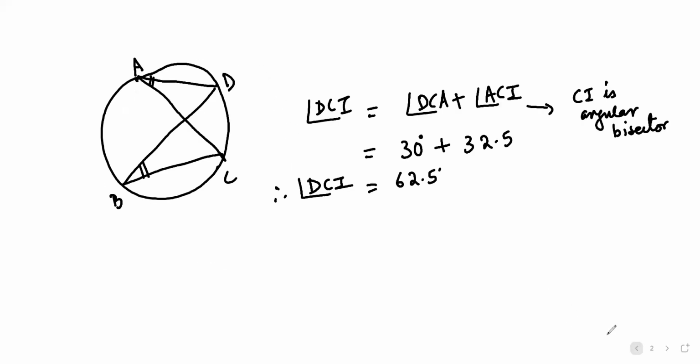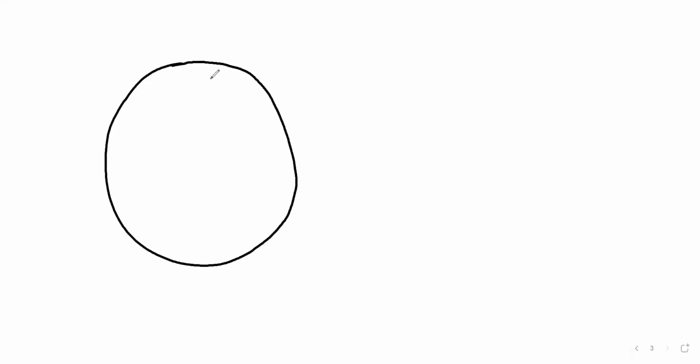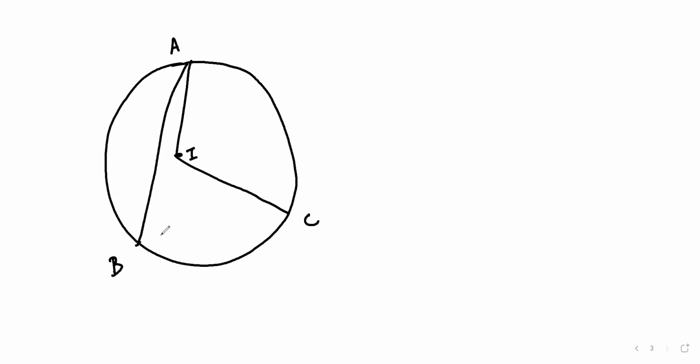I'll just redraw the figure again. So you have AIC. I'll just draw those things here. So A, and somewhere down the line you get your I, and then you have C, and then you have this B. I'm drawing a rough sketch. This is AIC.